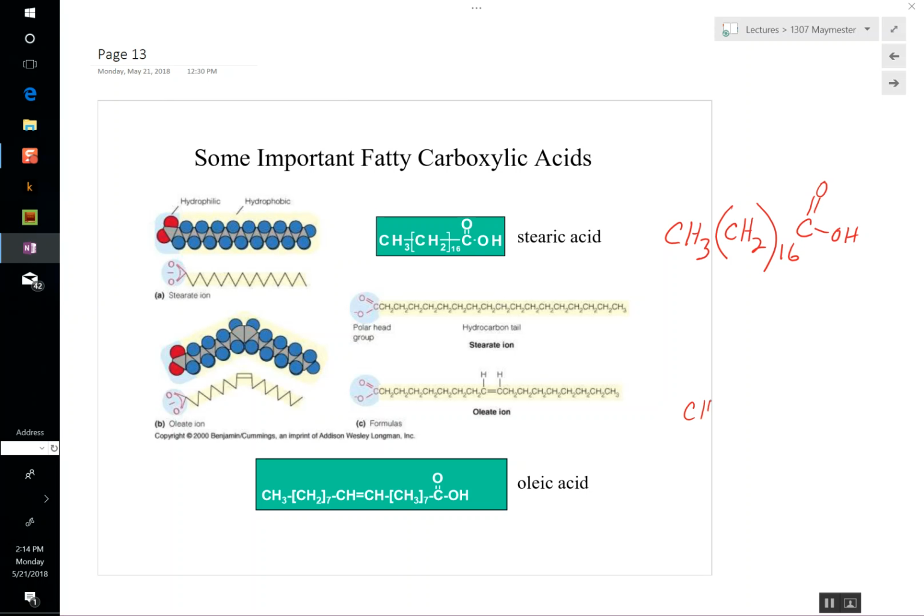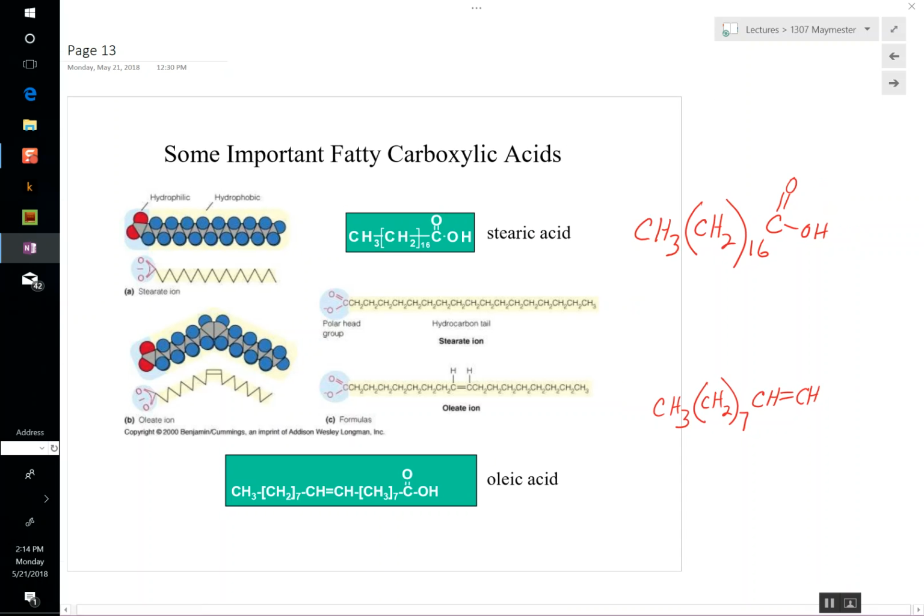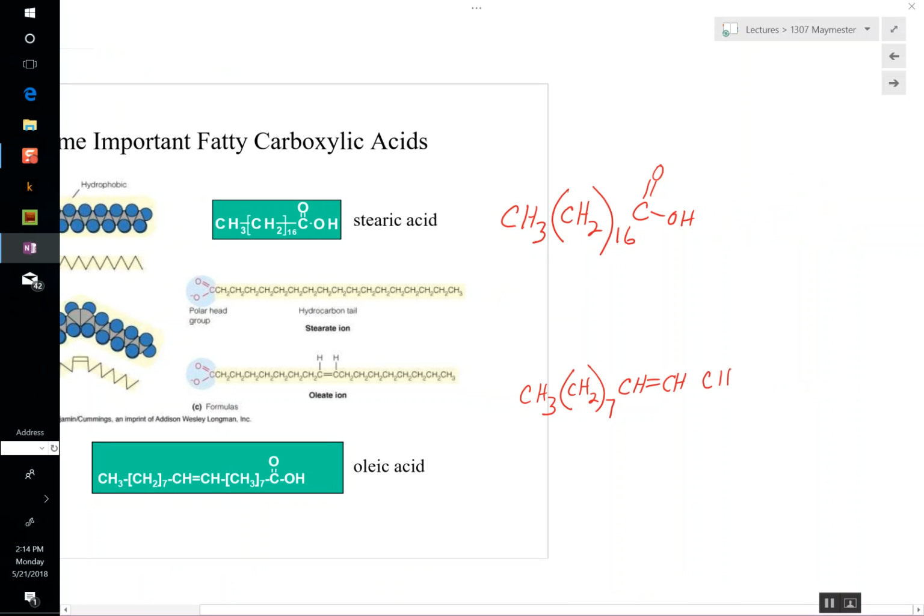Oleic acid, there are 7 of these CH2s. Then there's the double bond. Then there's 7 more of them. And then there's the carboxyl group. Hopefully I got that right. 7 plus 7 is 14, 15, 16, 17, 18.